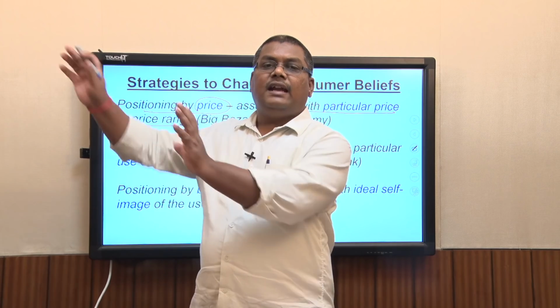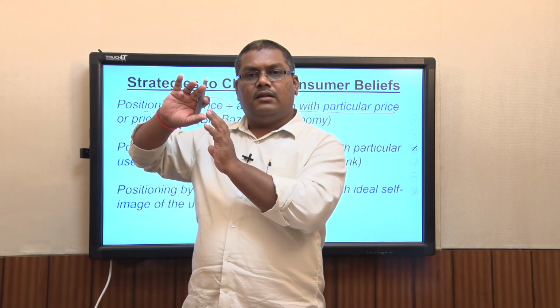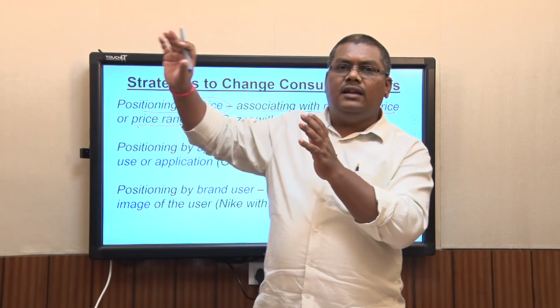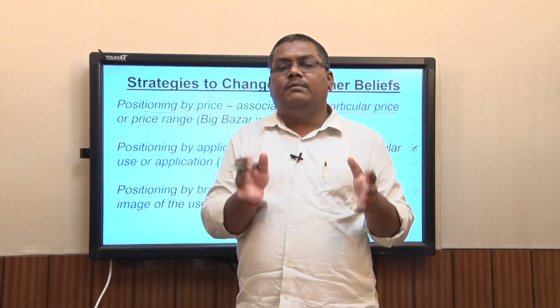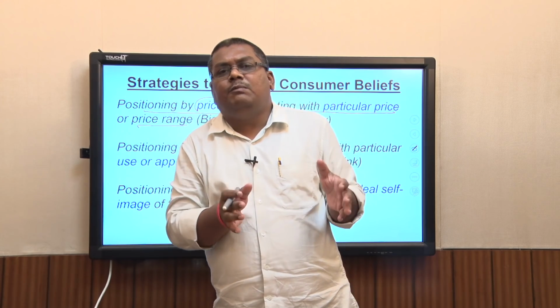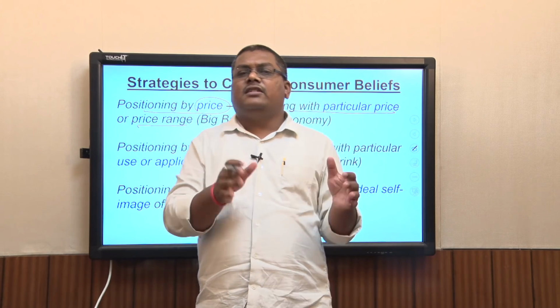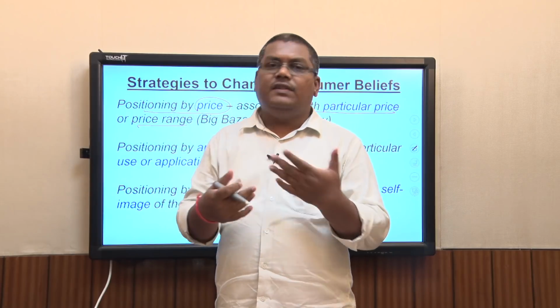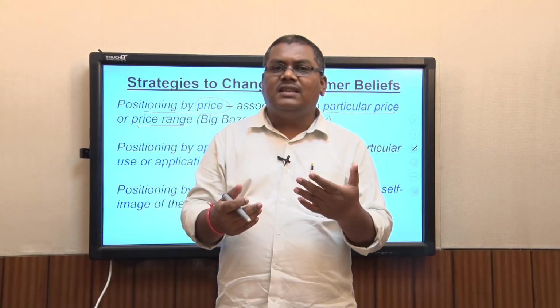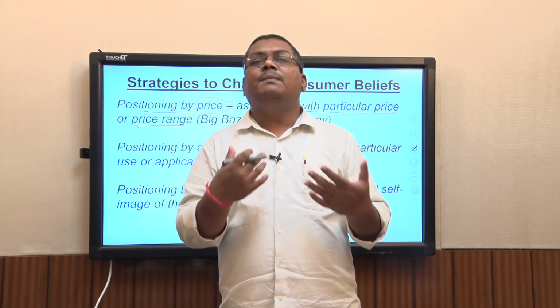Raymond's are high class, high price products, and so they will give you high class clothes. On the other hand, FBB is an extension of Big Bazaar, which is more or less a retail store for everyone, and so it gives you good or manageable fashion at manageable prices.